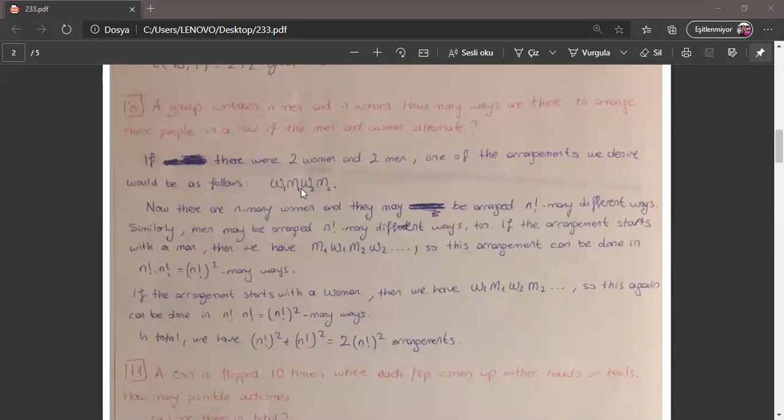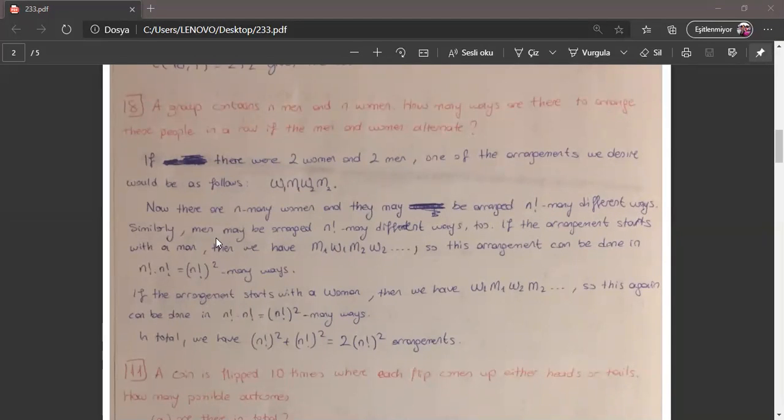If we see a man, we need to see next to him a woman. Okay, so we want such arrangements. For example, we start with the woman. Okay, so we have n many people who are women. So we know they may be arranged n factorial many ways.